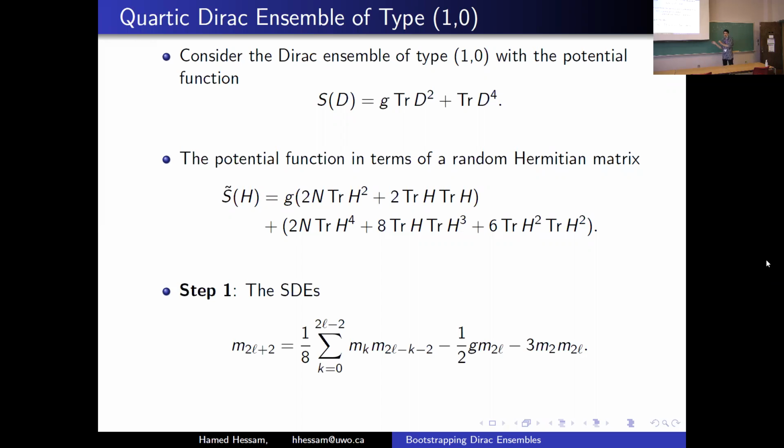I move the higher degree to the left-hand side, and the rest to the right-hand side. And this summation is the left-hand side of the previous page. I mean, when we have a double trace. As you can see, because this model is even, odd moments are 0. And if you write it for the first few Schwinger-Dyson equations.